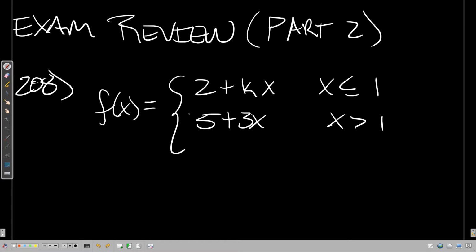Super. Well, that means we need the limit from the right to equal the limit from the left.